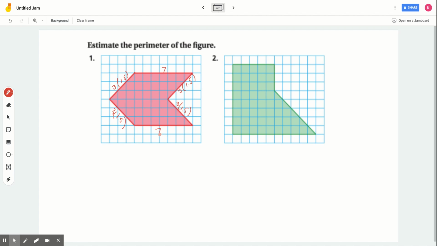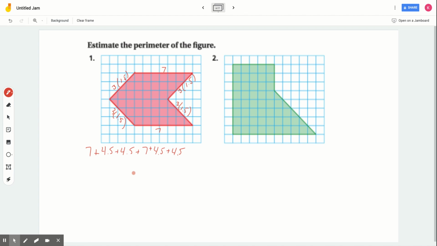Now we need to add these together. Starting in that top left, we have 7, plus 3 times 1.5 is 4.5, 4.5, 7, 4.5, and 4.5, and we are going to be adding those together.